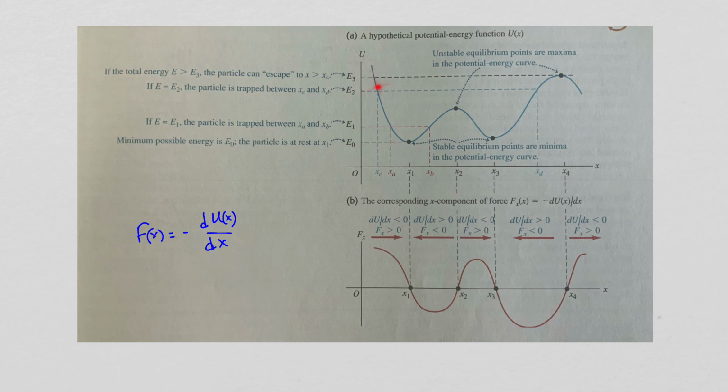And so as you can see, the particle is going to go down this curve. Once the particle hits this minimum position, then the slope becomes positive, but the force becomes negative, meaning now there is force that pushes the particle to go to the left.